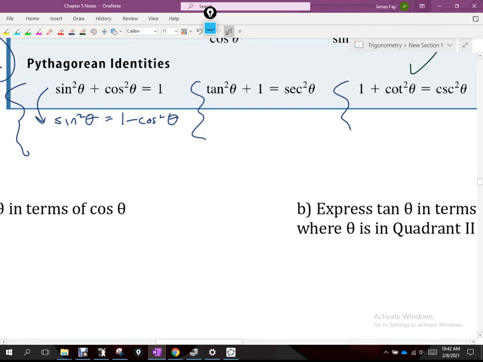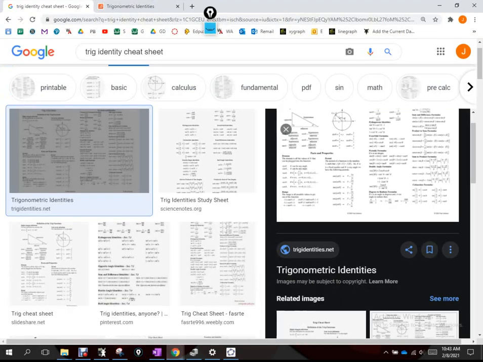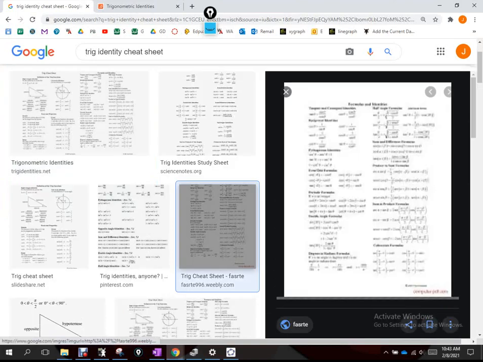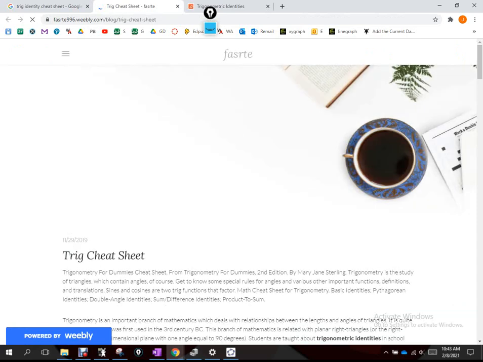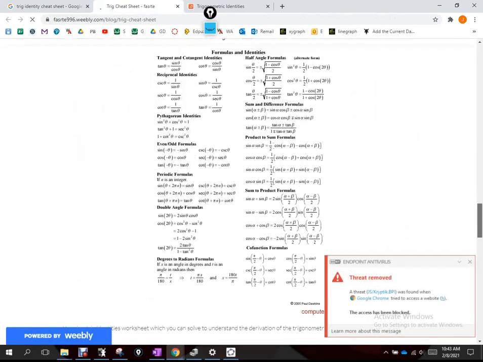Now, I want to show you something, not to scare you, but there are going to be a lot of identities in this class, and a lot of them stem from those, okay? If we did a quick identity cheat sheet search on Google, you might get something that looks like this, okay?